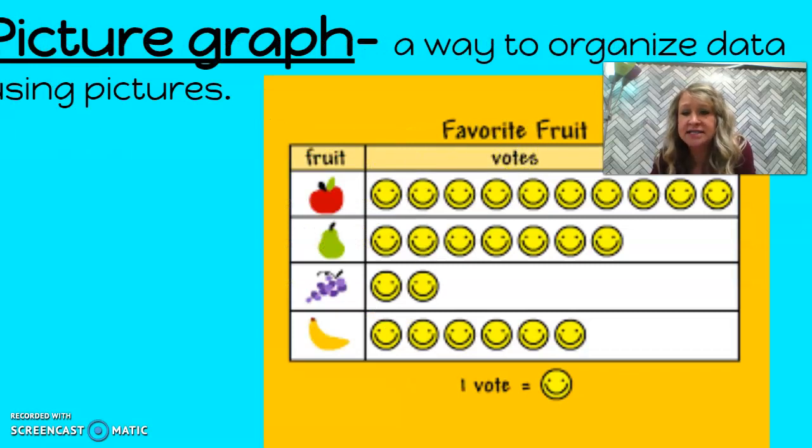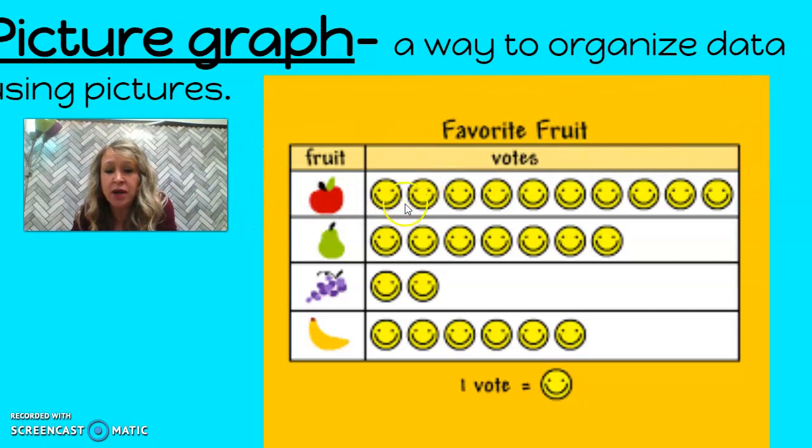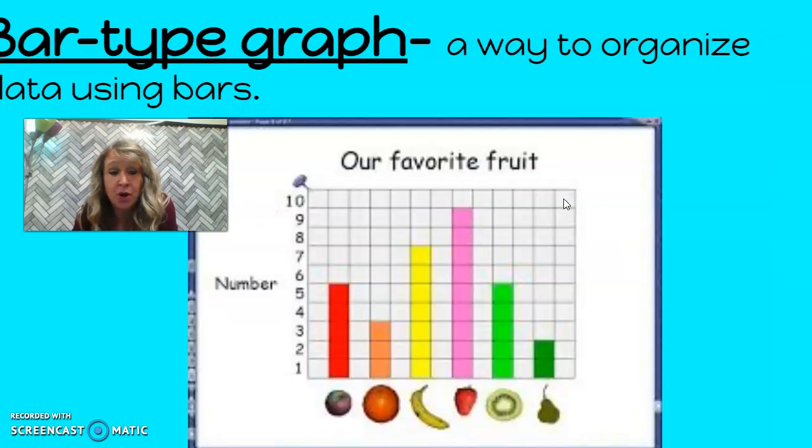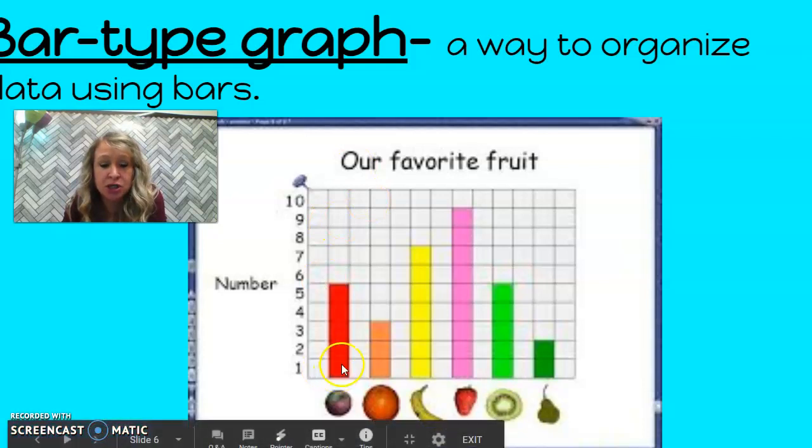Picture graph, say picture graph. A picture graph is a way to organize data using pictures. Our favorite fruit, and we use pictures of happy faces to organize the data. Bar type graph, say bar type graph. A bar type graph is a way to organize data using bars.